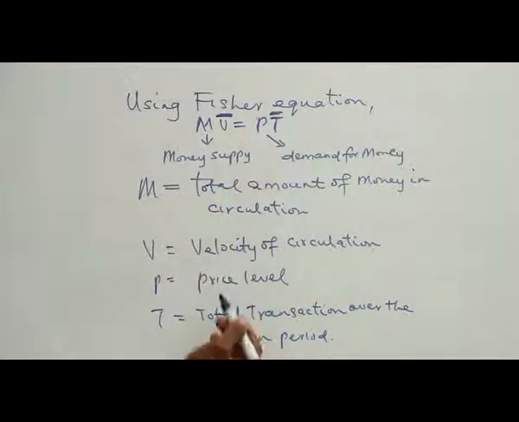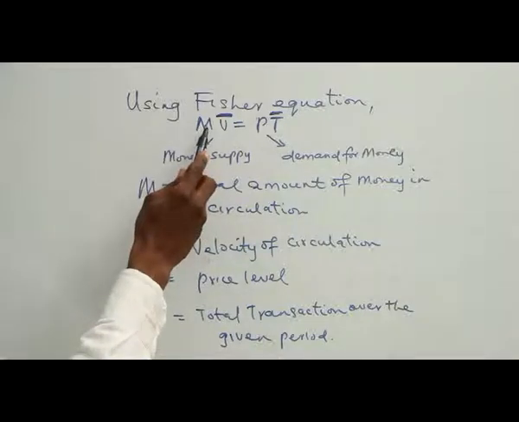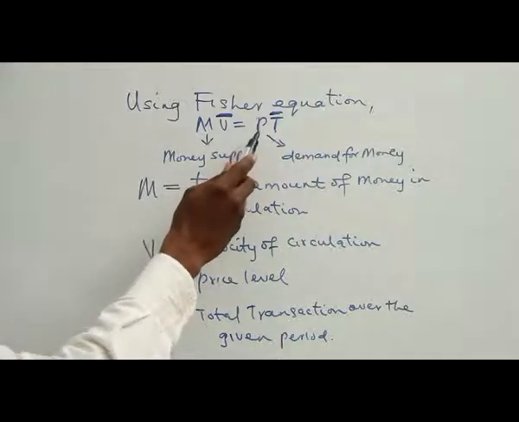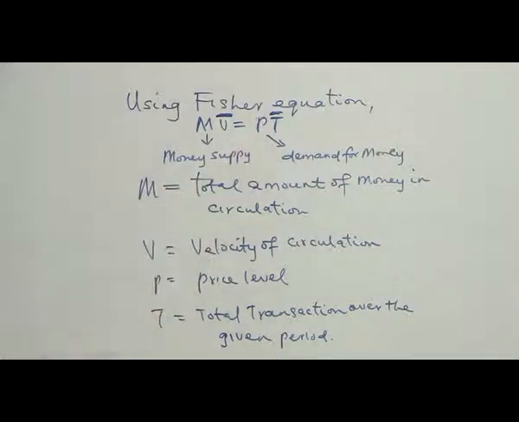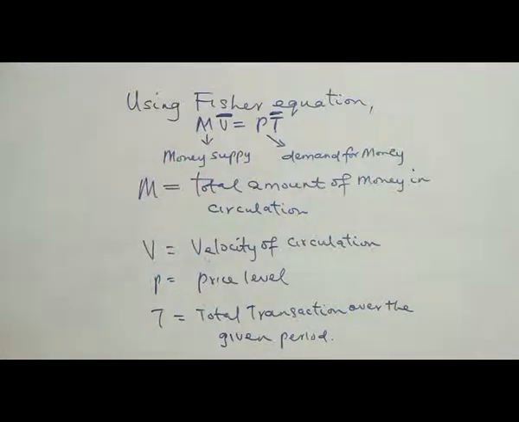P is what we call price level. If there's an increase in M, the amount of money in circulation, there will also be an increase in P, the price level. So what we are saying here is that an increase in money in circulation will lead to a corresponding increase in price. That's what we are trying to analyze.